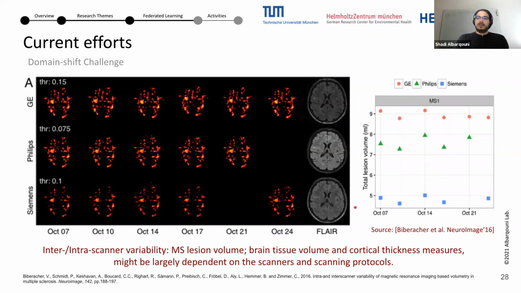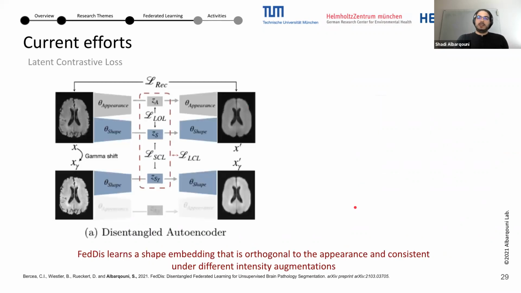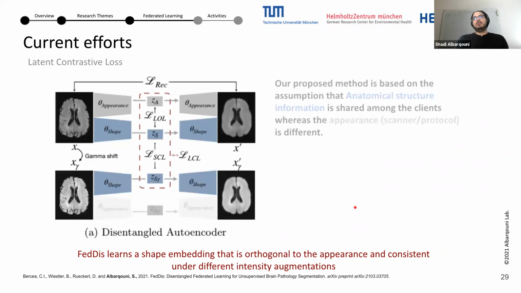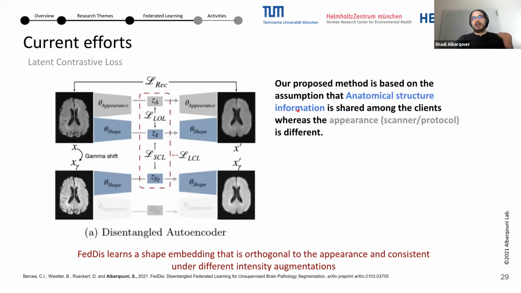This motivated us to design a novel method based on the assumption that anatomical structure information, like the brain shape, is somehow shared among the clients. So we're going to see the same shape among all these clients or hospitals, whereas the appearance, like how they look in terms of intensity profile, etc., is somehow different due to the scanner or imaging protocol.